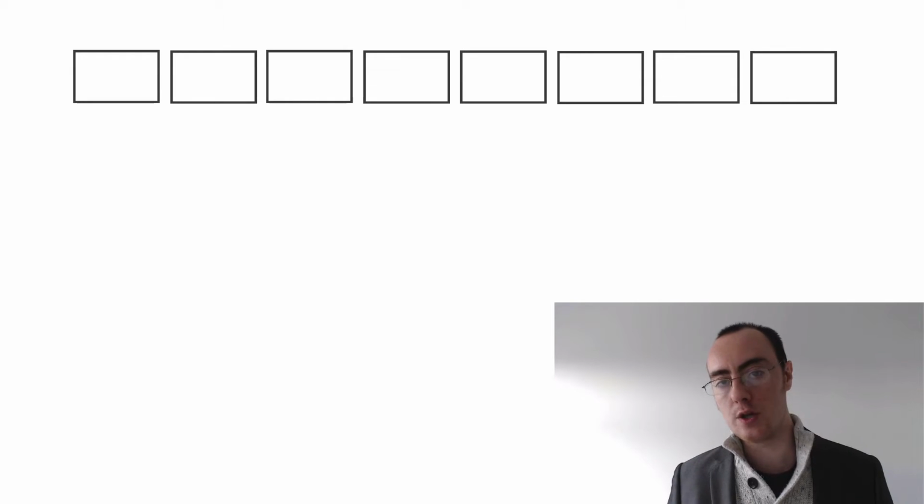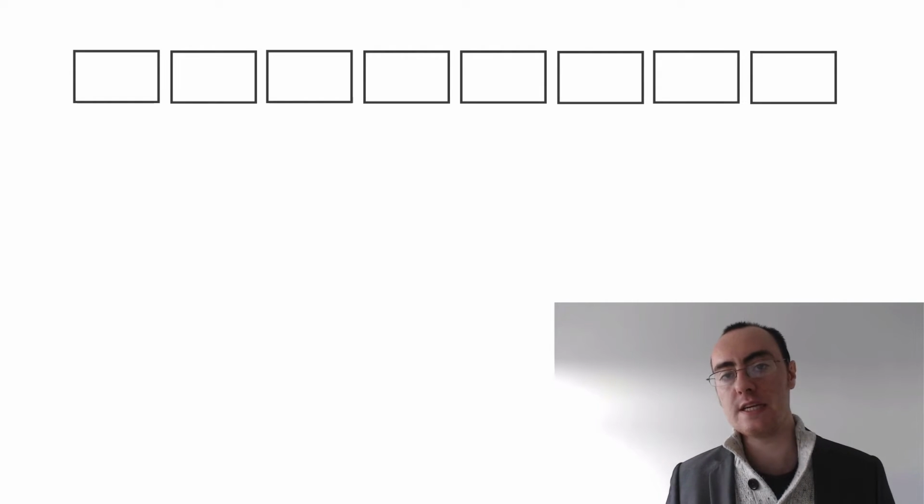Step 1, draw your boxes for how many bits you're working with. Step 2 is start with the least significant bit on the right-hand side. This is the smallest number, and as we go through, we keep doubling the number till we go to the most significant bit, which is the very last bit on the left-hand side.